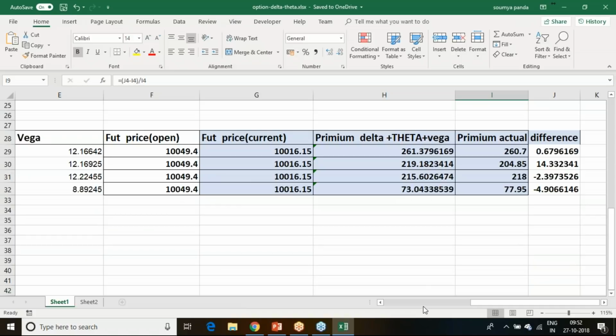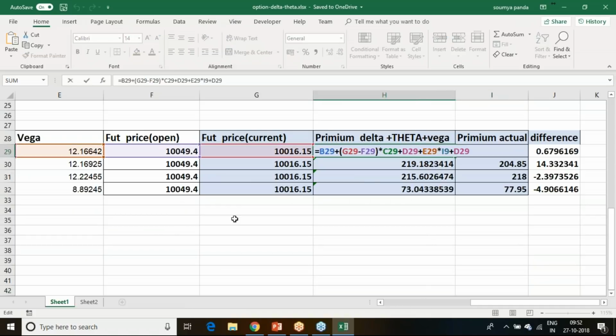So if we are putting the Vega into action, what are we going to do here? I have taken the premium: the Nifty spot difference multiplied with delta. Then we subtract the theta part, two times the theta is going from there. Then the actual Vega, 12, multiplied with the change in IV.